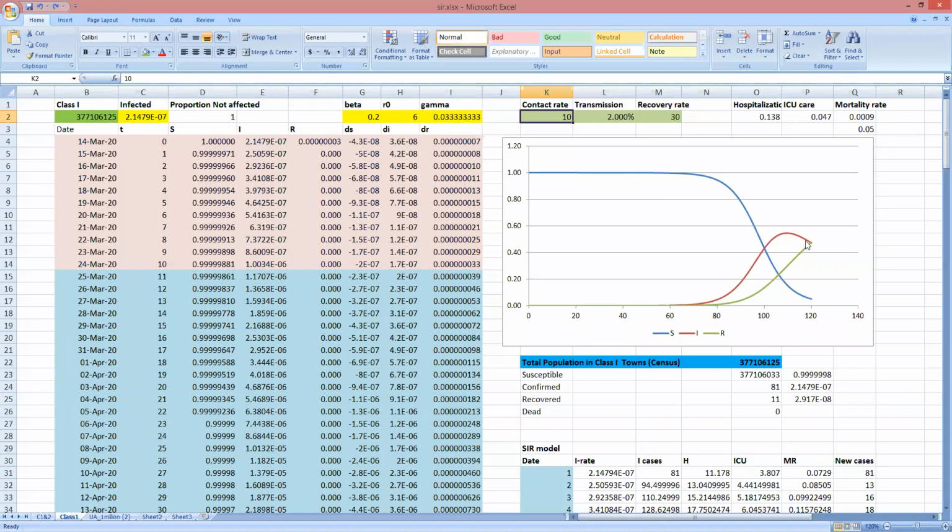So the peak goes down from 80 to about 50%. But the problem is the peak will occur in the future, not after 1 month or 2 months, but it will occur in June or July, just as we are going to lift the lockdown.